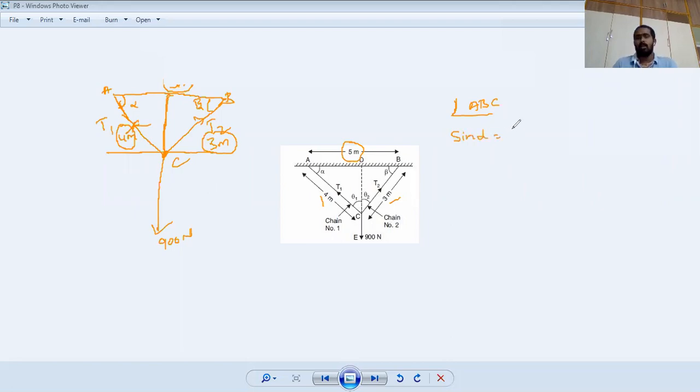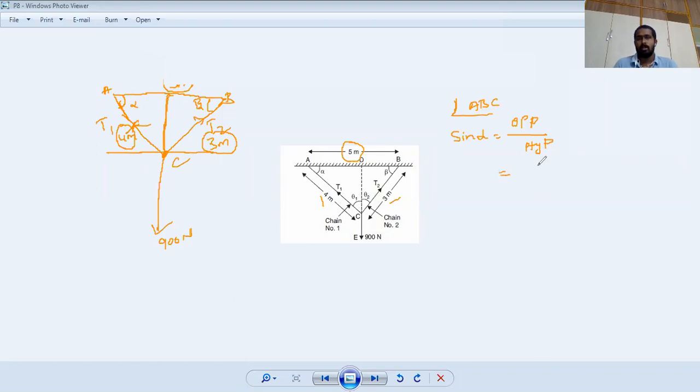What is meant by sine alpha? Opposite side by hypotenuse. So what is the opposite side?